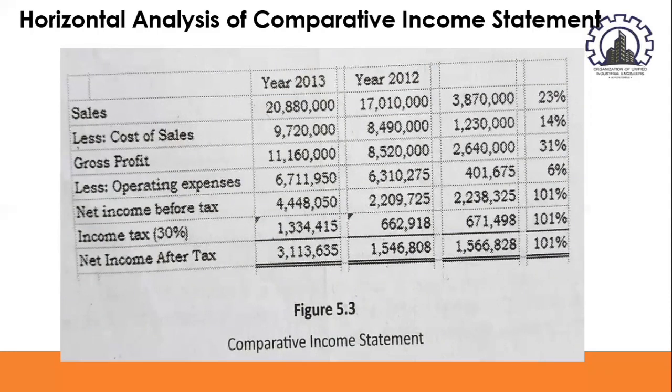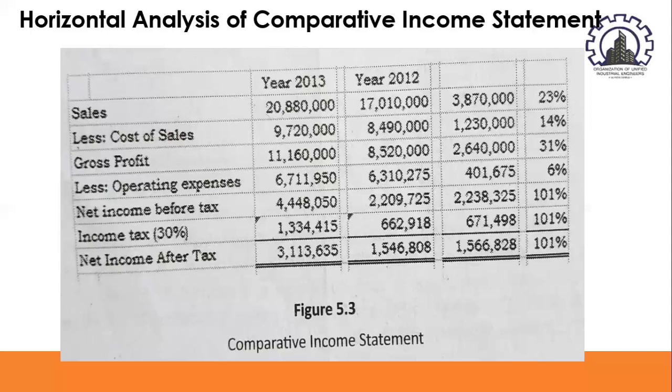Now, after plotting the report in comparative format, the second step is to get the difference by subtracting the figures from the later year with the figures from the earlier year. So in the example, in figure 5.3, year 2013 figures less year 2012 figures.